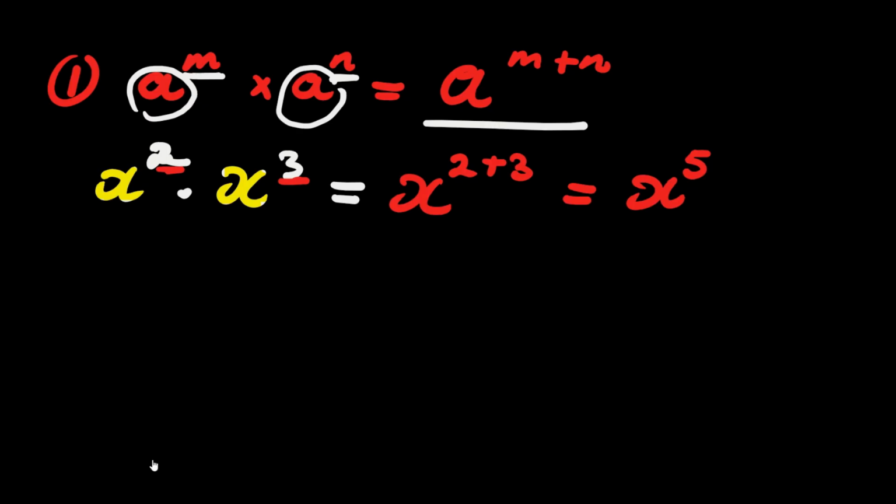Let's take another example. So let's say in this case you have 2 to the power of 2 times 2 to the power of 4. Here's the second example. In this case, we have the bases which are the same, our bases being 2 and 2.